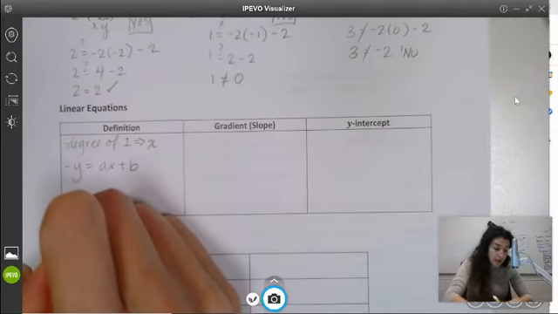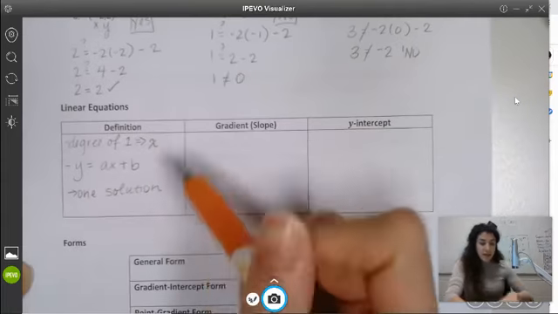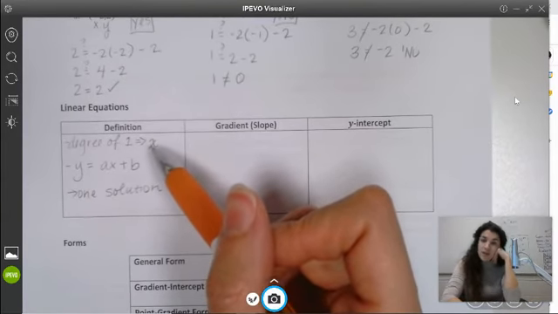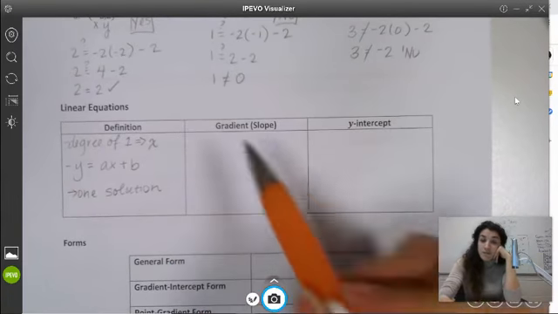It will only have one solution. The number of degrees that your equation has will always be an indicator of how many possible solutions there are. So quadratics can always have 2, but the highest degree is 2, which means that the most number of solutions that you can have is 2, whereas a cubic, which has a degree of 3, has at most 3 possible solutions in order for this to be true.